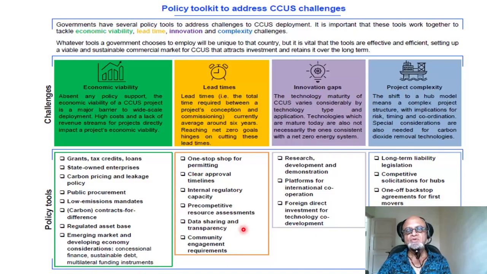You can't go and put CCUS in neighborhoods. Already happens with power plants and wastewater treatment and so on. So community engagement requirements have to be clearly defined as well. Otherwise, you start a project and you will get stuck with protests and opposition.